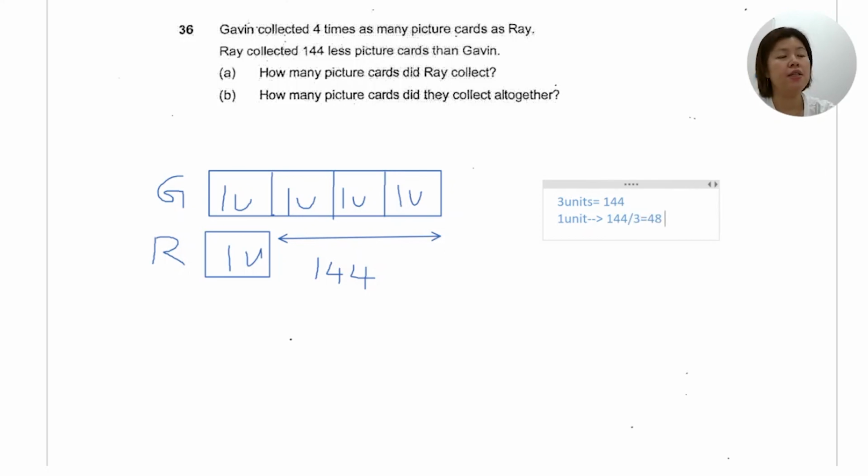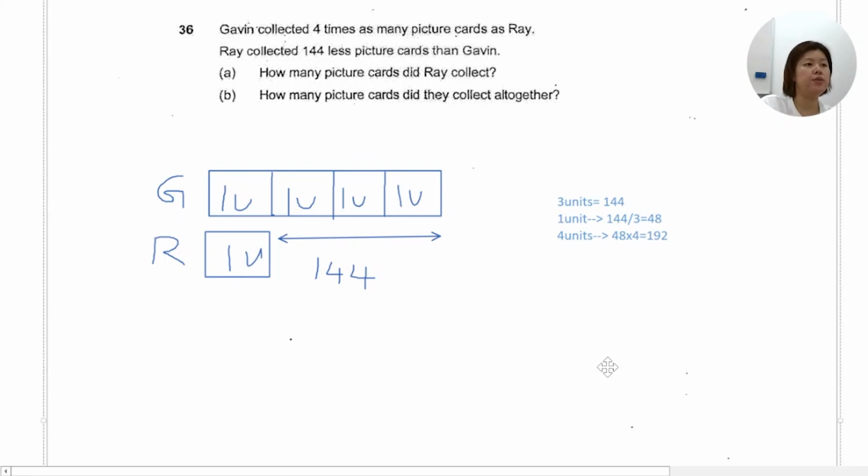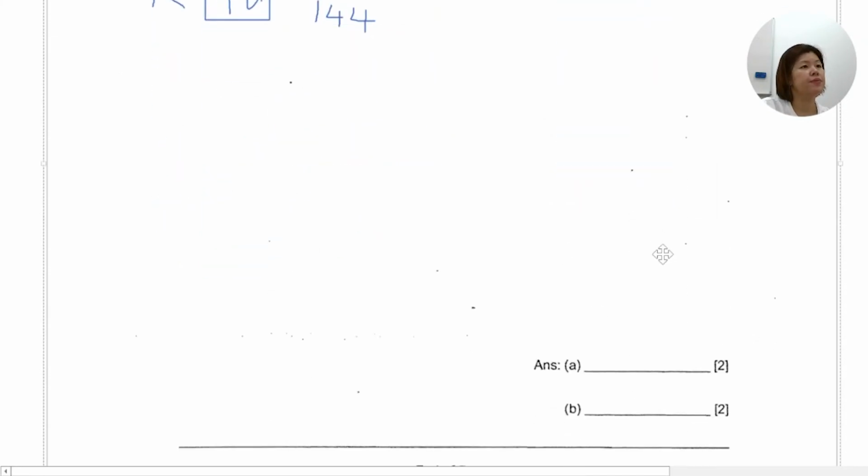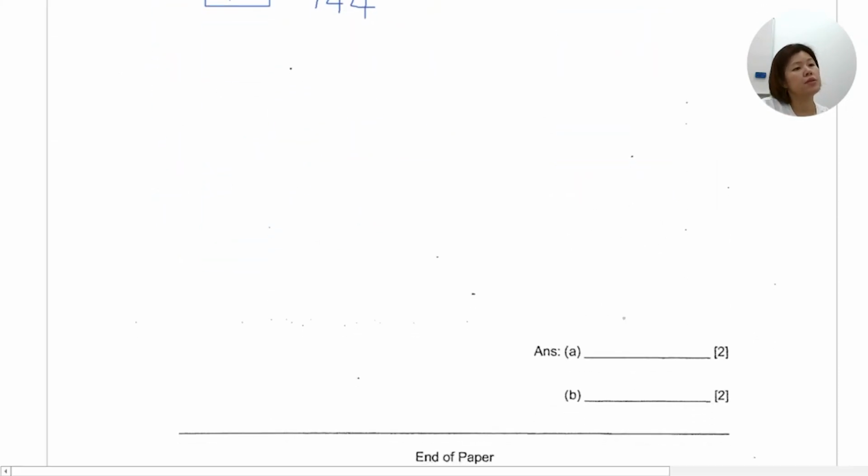So Ray is 48, and they want altogether, which is 4 units. You can take 48 times 4 equals 192. Okay, so this is 48 and this is 192.